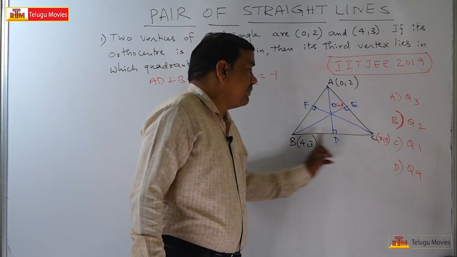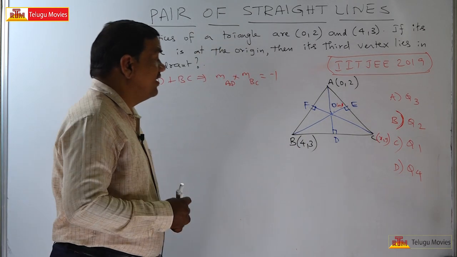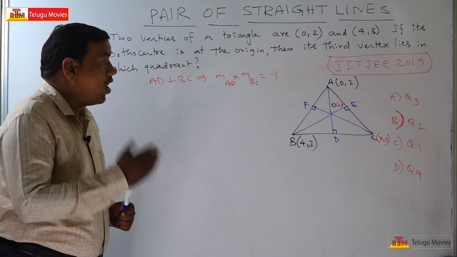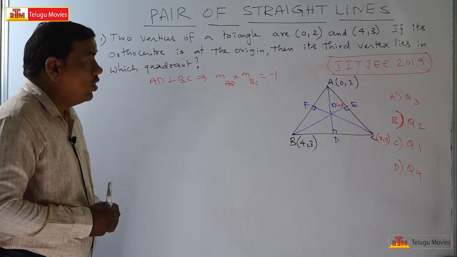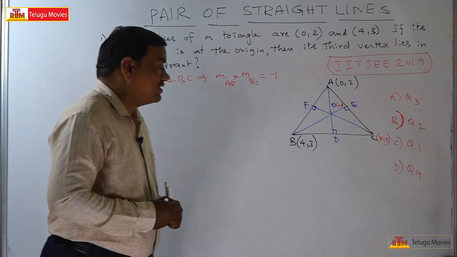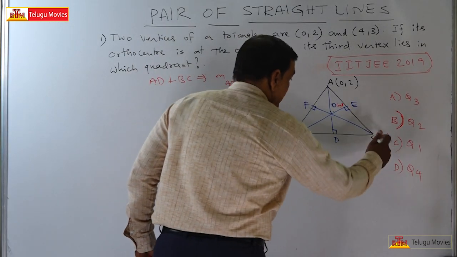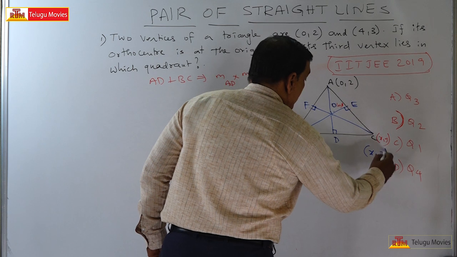Since AD is perpendicular to BC, the coordinates of the third vertex are (x, 3).